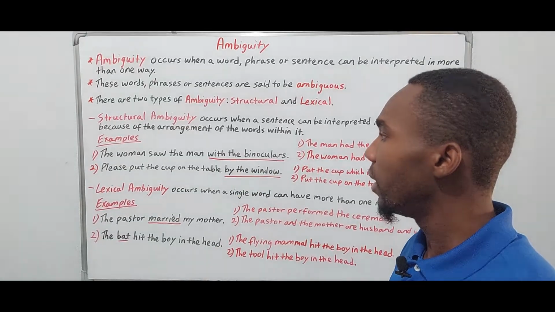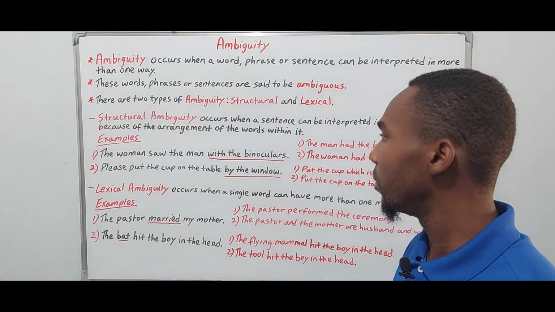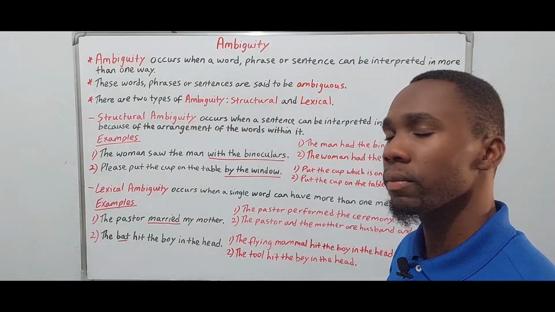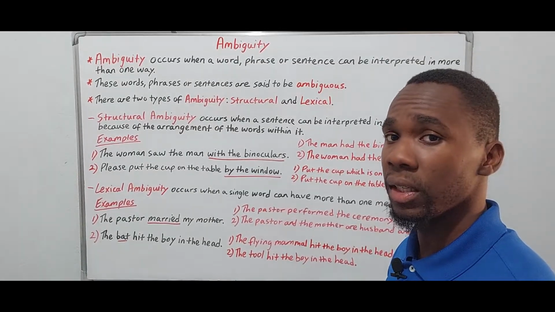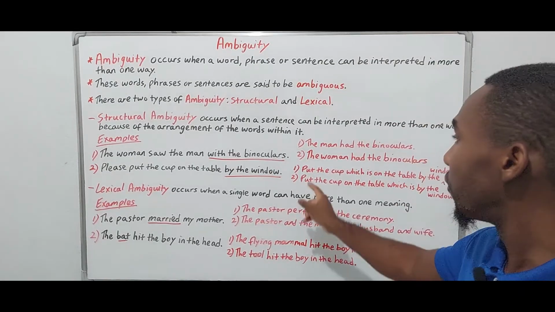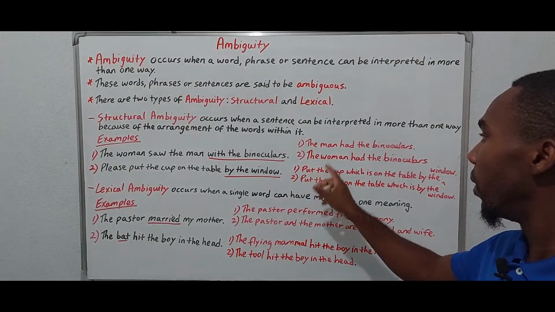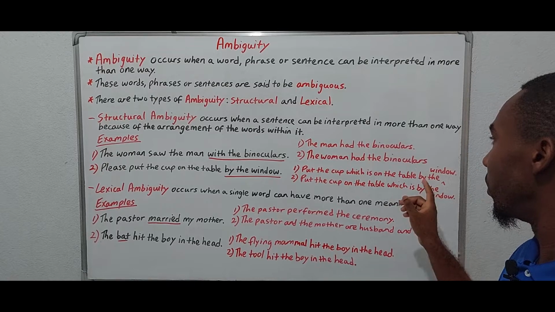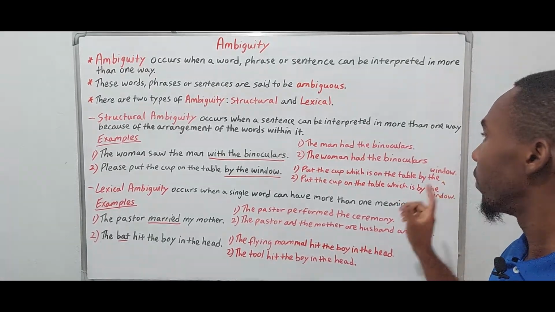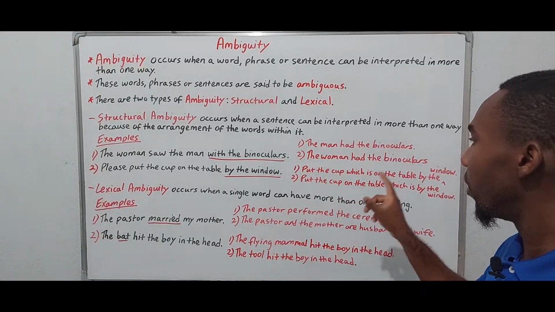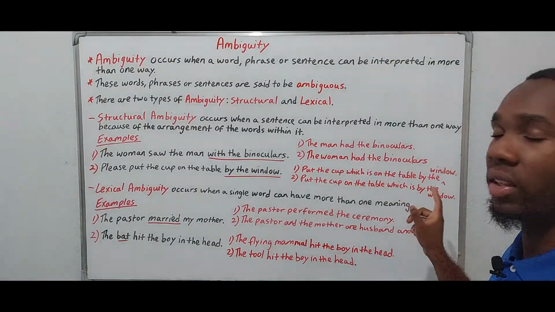Secondly, please put the cup on the table by the window. Once again, that can be interpreted in two ways. The first way, one, put the cup which is on the table by the window. Two, put the cup on the table which is by the window.